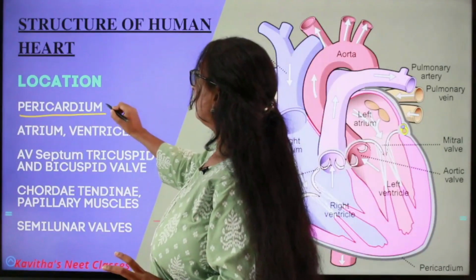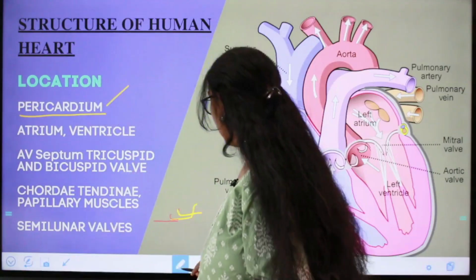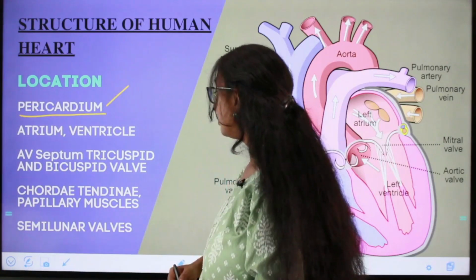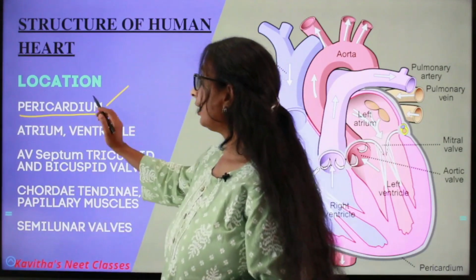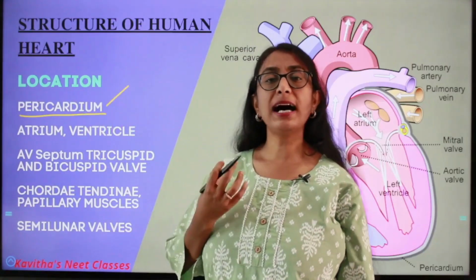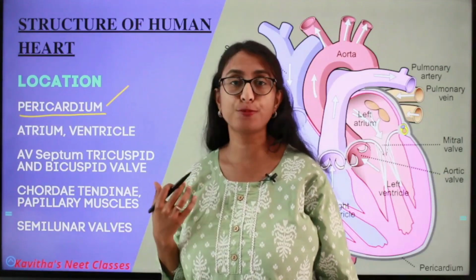The pericardium is comprised of outer parietal pericardium and inner visceral pericardium. It protects the heart from mechanical injuries, and it also acts as a shock absorbent.